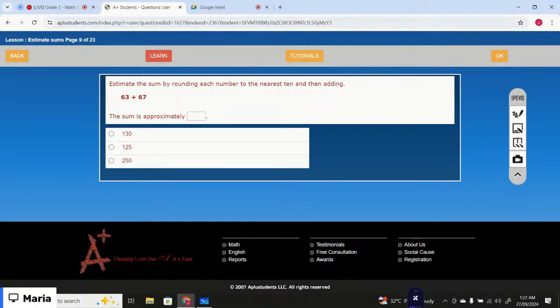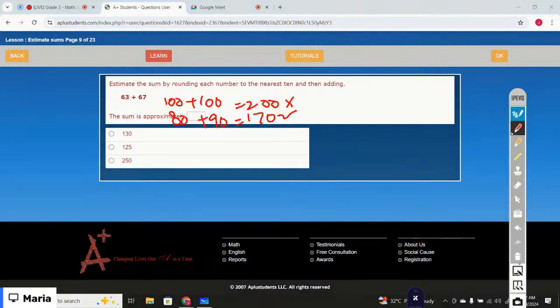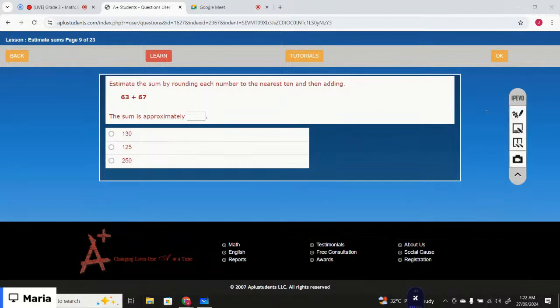The correct option is option 2. For which question is this? 63 is rounded off to 60 and 67 is rounded off to 70. When you add, they make 130. Option number 1 is the correct option. That's option number 1, 130 is the correct option.